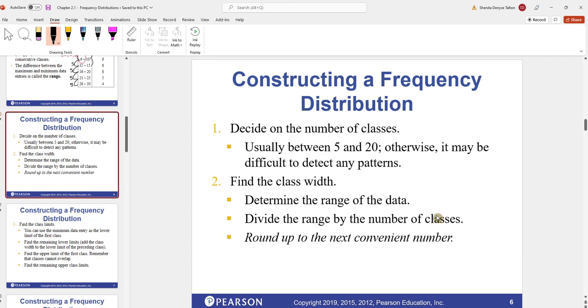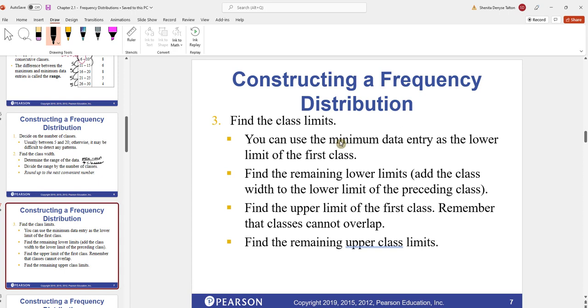That's the range. So you take the max minus the min, and then divide that by the number of classes that you want. You might end up with a decimal, but you round up to the next convenient number.